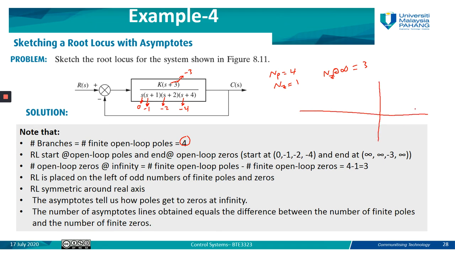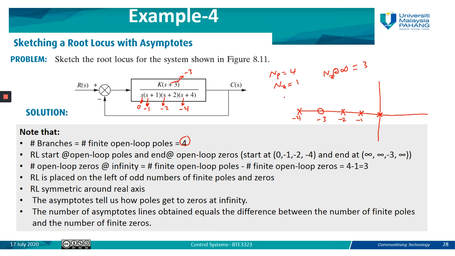So if we have the s-plane representation here, the first pole is at s equal to 0, the second pole is at s equal to -1, the third pole is at s equal to -2, the fourth pole will be at s equal to -4. So this is -4, -2, -1, and 0, and we have here a zero at -3 according to the numerator of the transfer function.